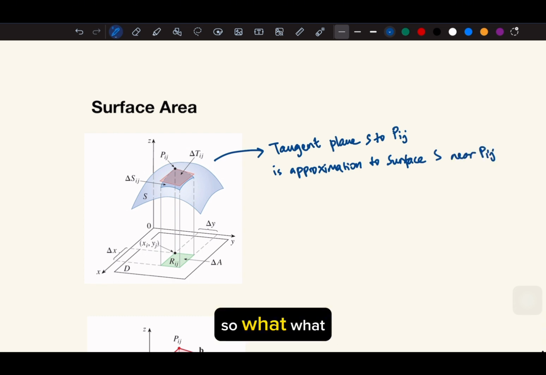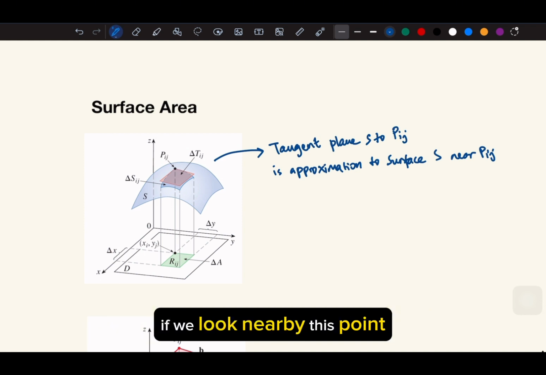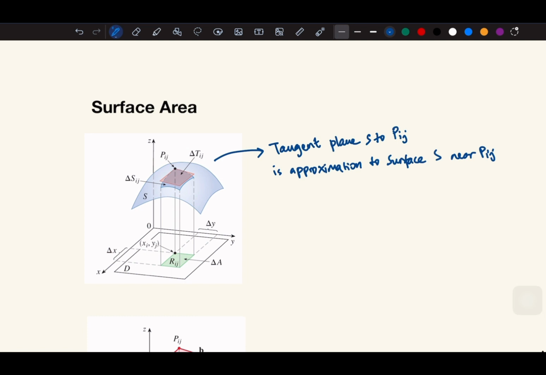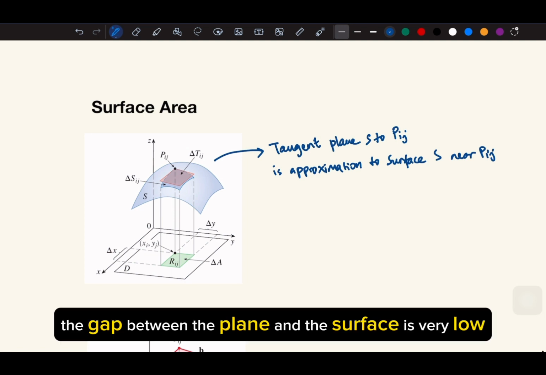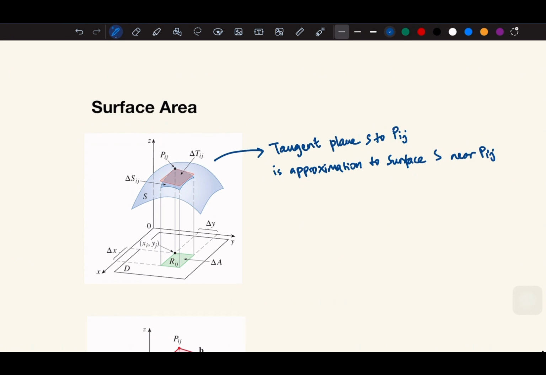What that means is, if we look nearby this point, they are plane. The gap between the plane and the surface is very low, if you look at the point here, nearby.